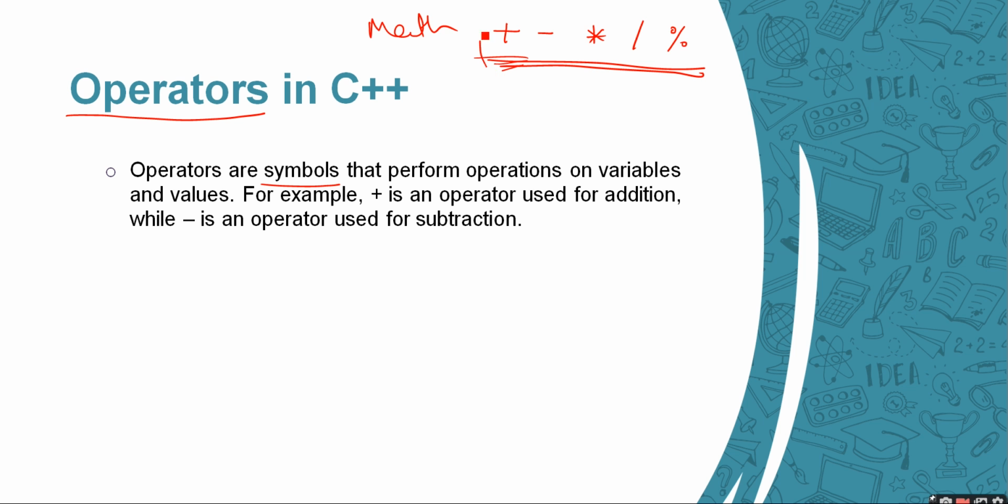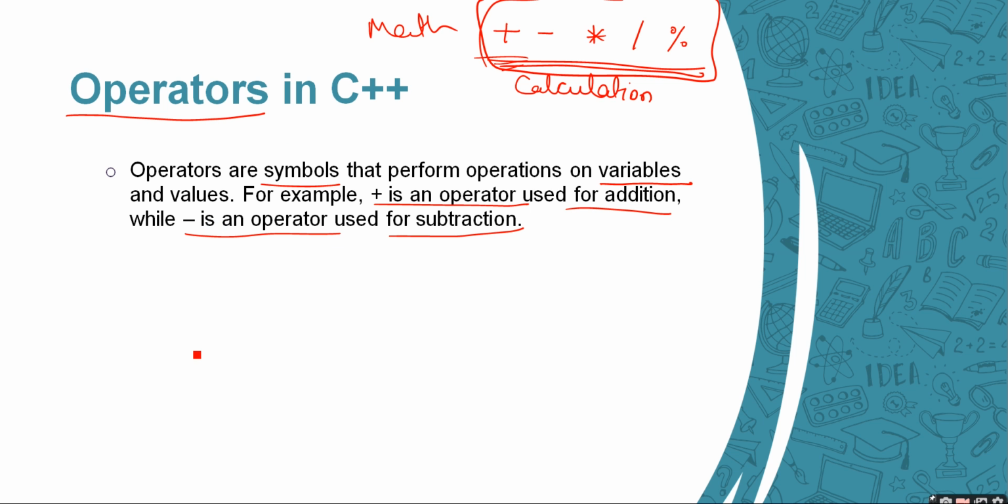In mathematics, we use these symbols for calculation, for addition, multiplication, subtraction. In programming language, these symbols are termed as operators that perform operations on variables. We already have seen what variables and values are. For example, plus is an operator used for addition, while minus is an operator used for subtraction.